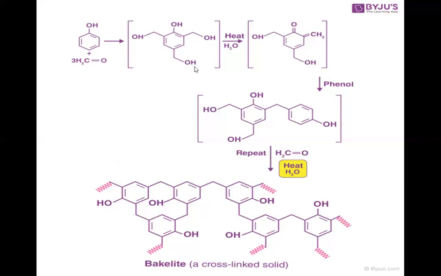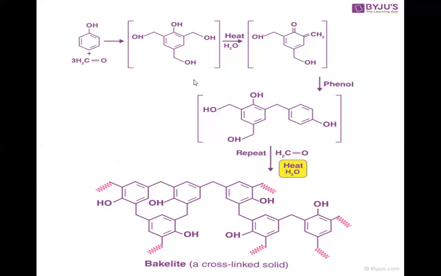methylol phenol will form. Suppose we take the formaldehyde ratio as 3 parts and the phenol as only 1 part, then trimethylol phenol will be formed. That means the substitution will be in 3 positions because the proportion of formaldehyde is more, that is 3 parts.